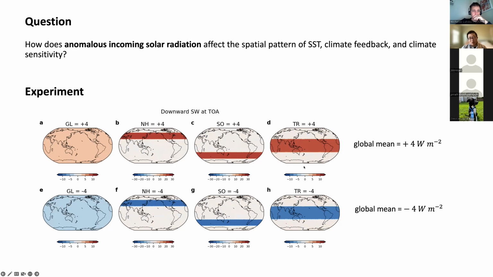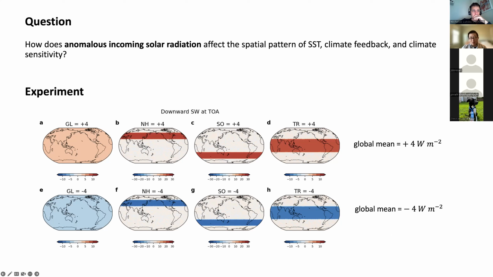For example, for the positive solar radiative forcing, the global mean value is set as +4 watts per meter squared. For the negative ones, the global mean value is set as -4 watts per meter squared. So the same global mean absolute value, but different patterns.